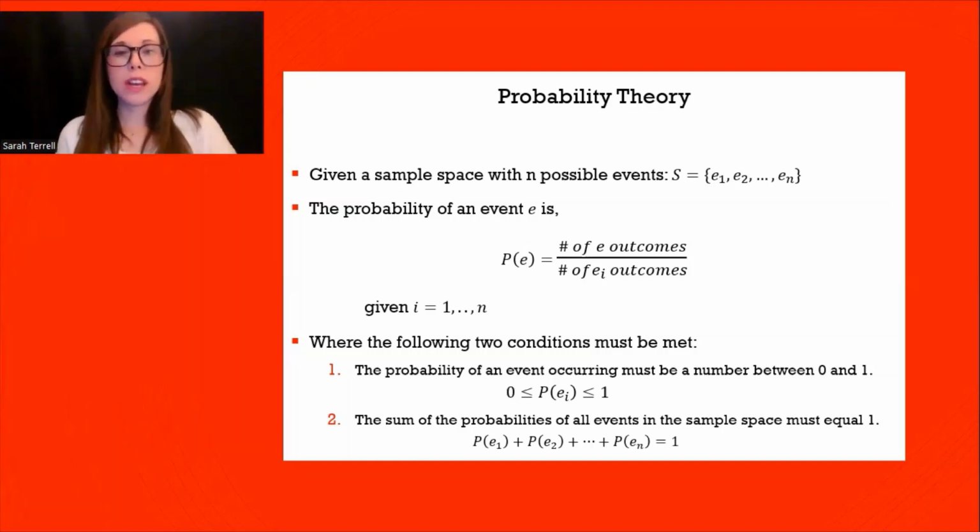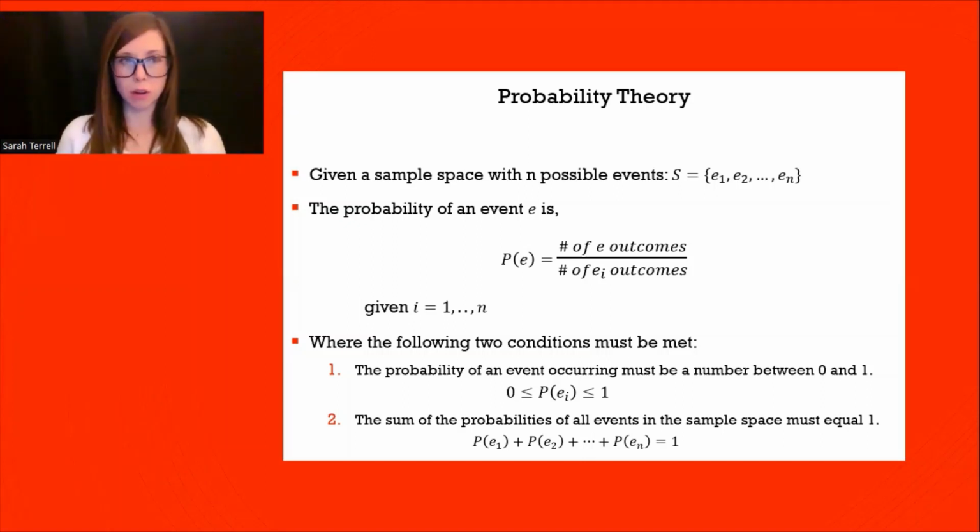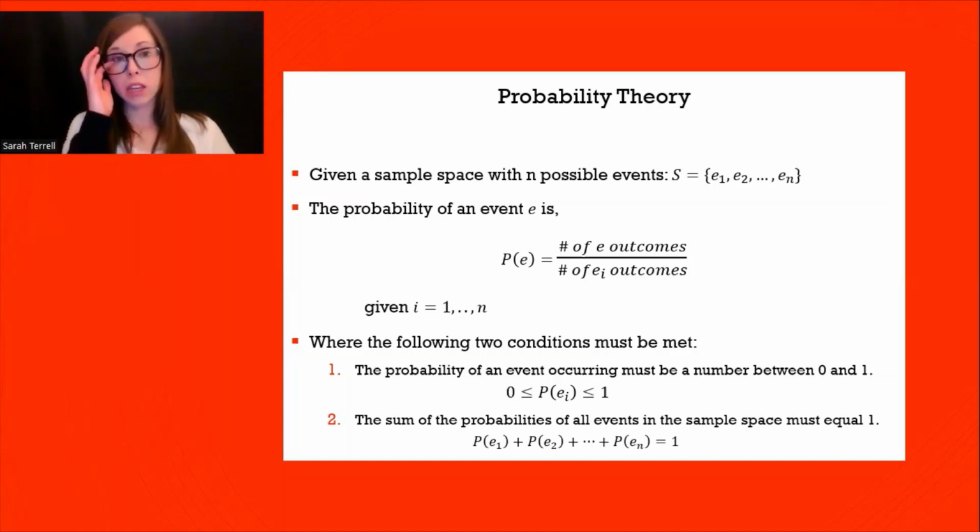Okay, so when we do this, there are always 2 conditions that have to be met. The probability of an event occurring always has to be a number between 0 and 1. And the sum of the probabilities of all of the events within the sample space must equal 1. As long as those 2 conditions are met, you can find the probability of an event.